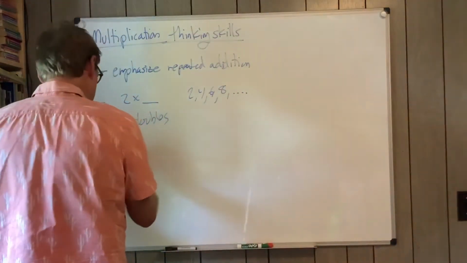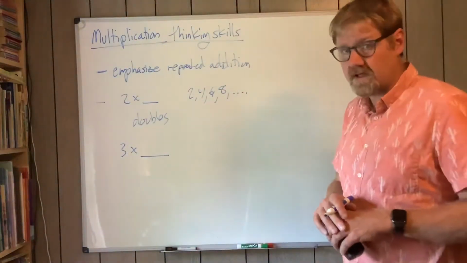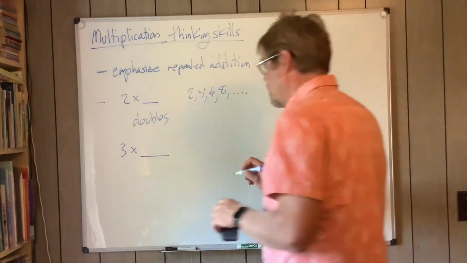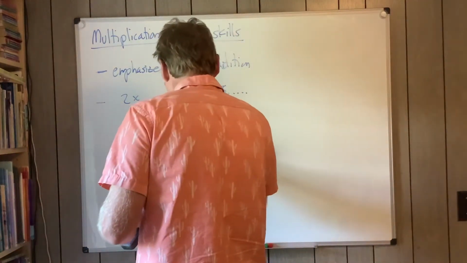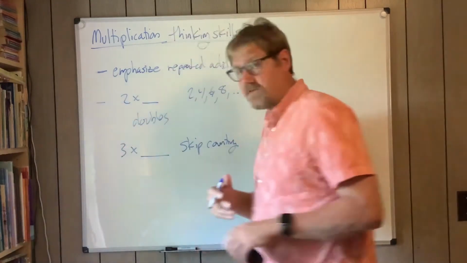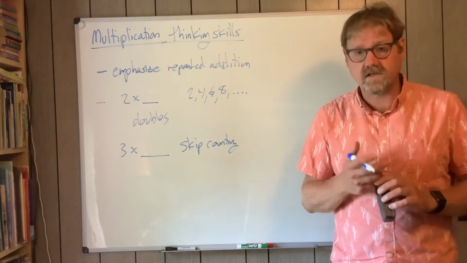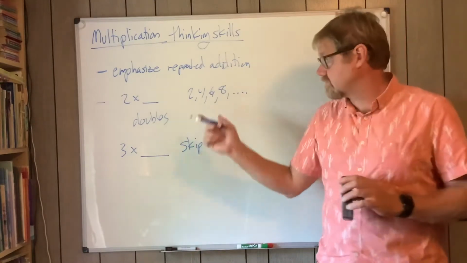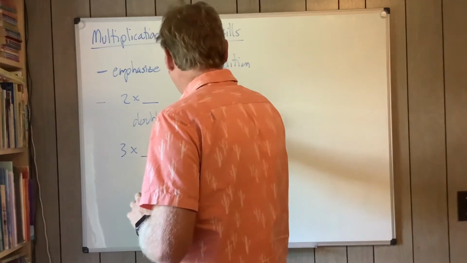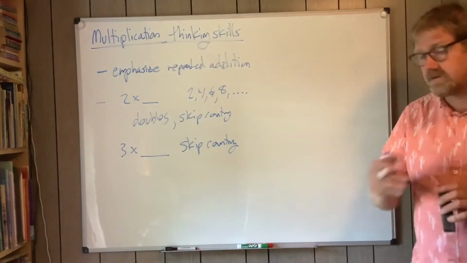Okay, so 3 times blank. We don't really do triples, so this isn't quite the same, but this starts to introduce skip counting. If you remember your counting, instead of skipping every other one, which is really doubles, you skip count by 3s.